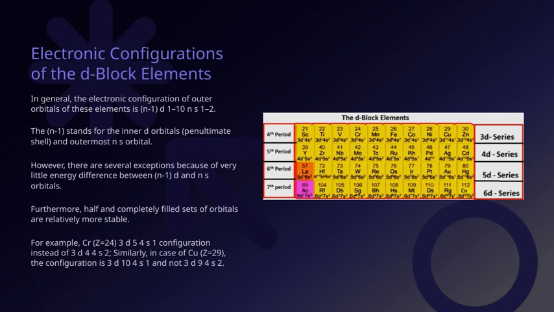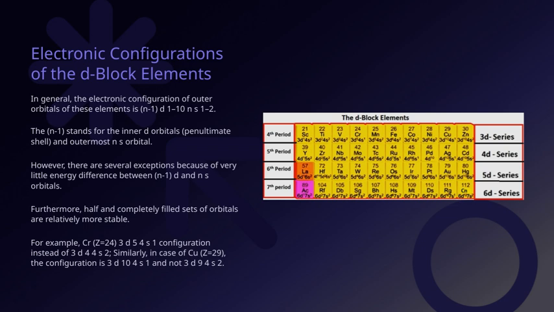However, there are exceptions to this general trend. These exceptions occur because the energy difference between the (n-1)d orbitals, which are the inner d orbitals or penultimate shell, and the outermost ns orbital is very small. So, in most cases, the electronic configuration of the outer orbitals of these elements follows the pattern (n-1)d¹ to ¹⁰ ns¹ to ².